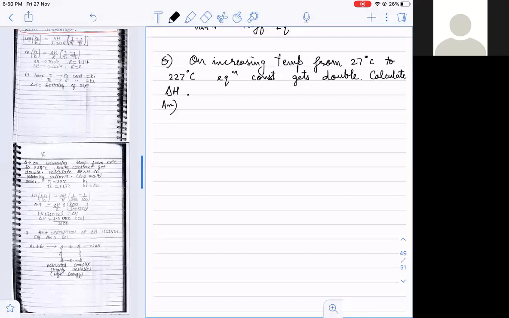Easy question. Only apply the formula. Answer will be there.